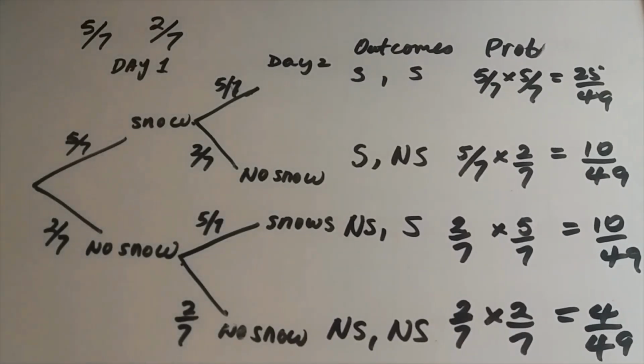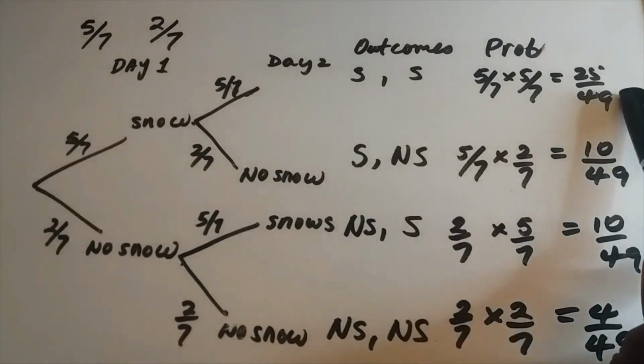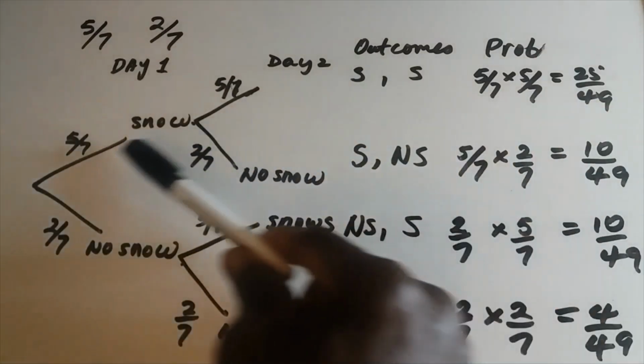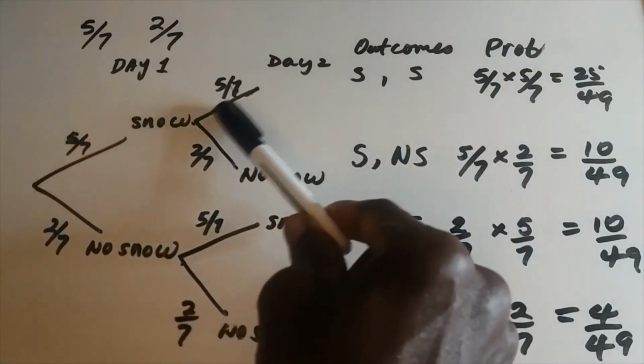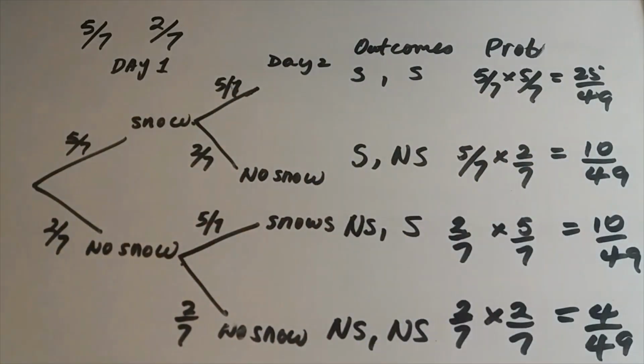From this we can answer a number of questions. For instance, if you asked the probability that it will snow on both day 1 and day 2, you can read this off from your probabilities, which is going along this branch and then this branch will give us 25 over 49.